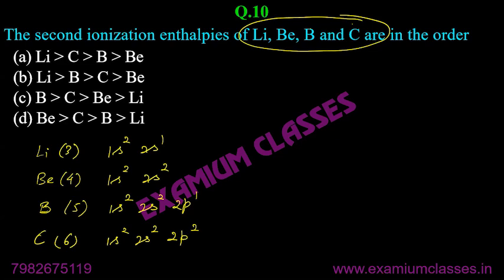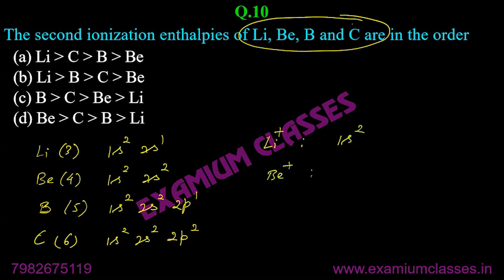Okay, 6 electrons. But when it loses one electron, there will be one less electron, and the electron always goes away from the outermost shell. It is not opposite of the above principle. The electron will always get removed from the outermost shell. So Li+ will be 1s2.